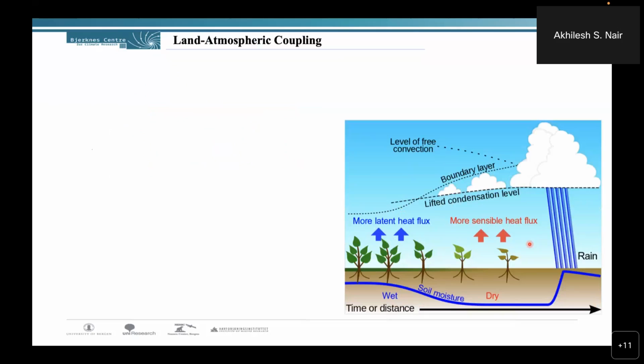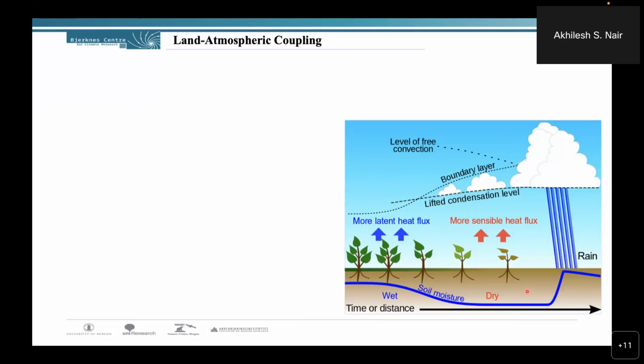Then we were interested in checking how it affects the land-atmosphere coupling. Just to highlight, I will show the relation between soil moisture and latent heat flux. When the soil is wet, we have higher latent heat and the planetary boundary layer is low.